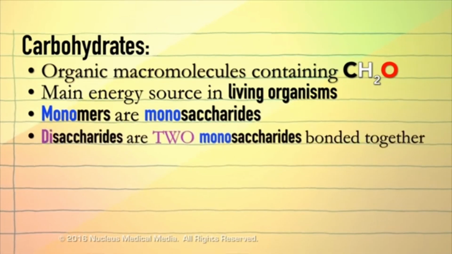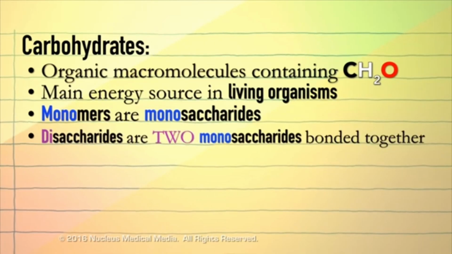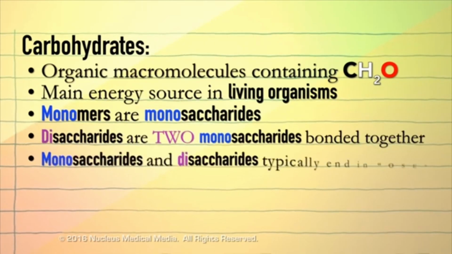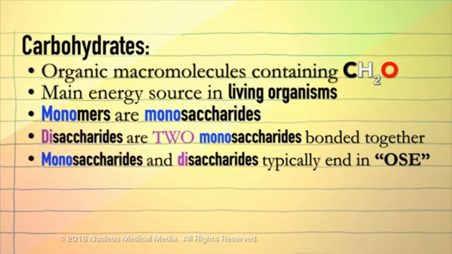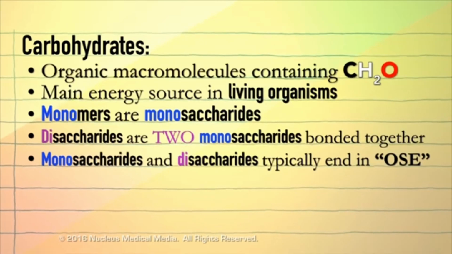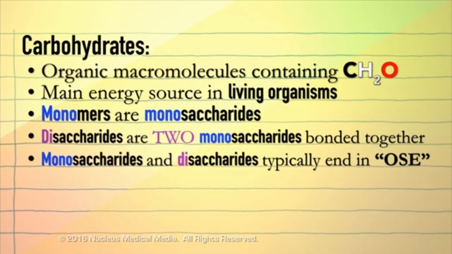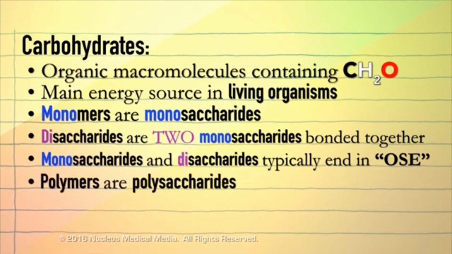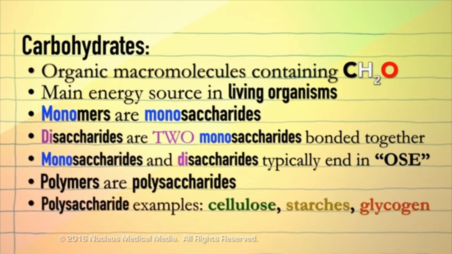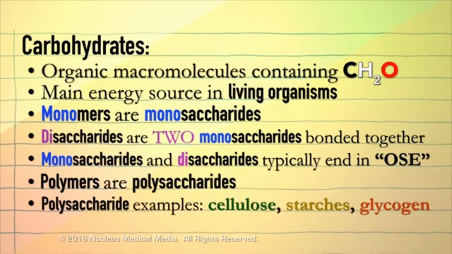Disaccharides are two monosaccharides bonded together. Monosaccharide and disaccharide names typically end in -ose, such as glucose, fructose, and sucrose. Carbohydrate polymers are called polysaccharides. Polysaccharides include cellulose, starches, and glycogen.